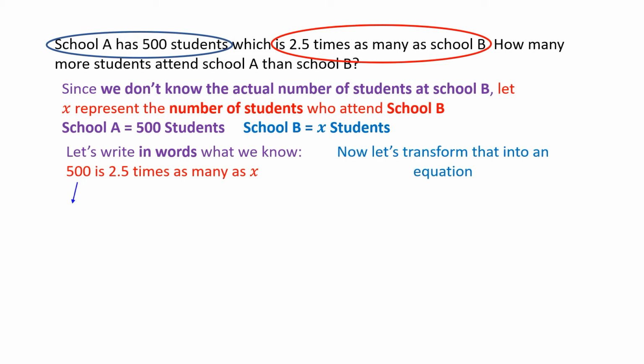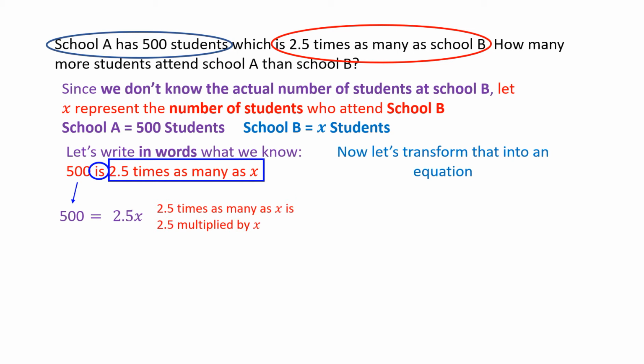So the 500 is just going to come down as 500 in the equation. That's our equal sign. Anytime you see "is" in a mathematical statement, that's going to be the equal sign. 2.5 times as many as X. That's simply 2.5 multiplied by X. 2.5 times as many as X is 2.5 times X, just 2.5X.